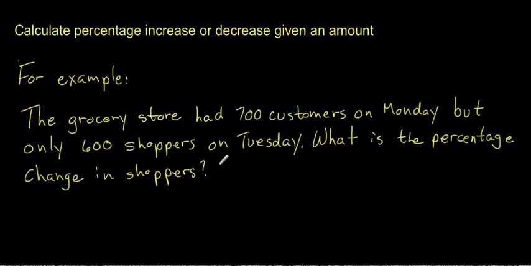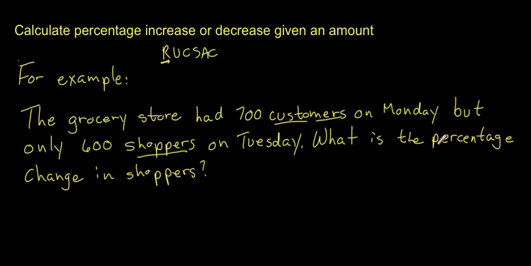Well, the first thing we need to do, if we're following RUCSAC, is to read it at least once or twice to make sure we understand it. The grocery store had 700 customers on Monday, but only 600 shoppers on Tuesday. So customers and shoppers, that's the same thing. What is the percentage change in shoppers?